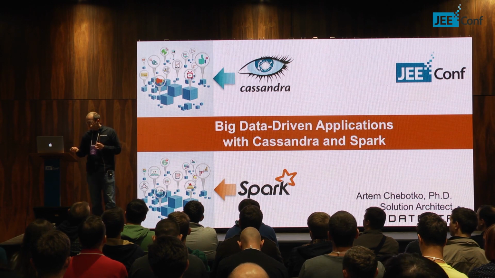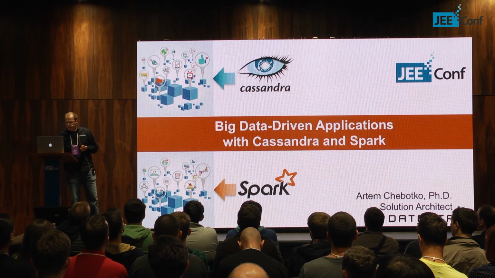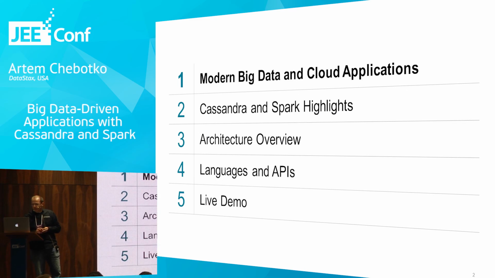So here is the agenda of this presentation. We're going to discuss in general modern big data and cloud applications. We had a number of presentations before, but we never talk about requirements for those applications actually.